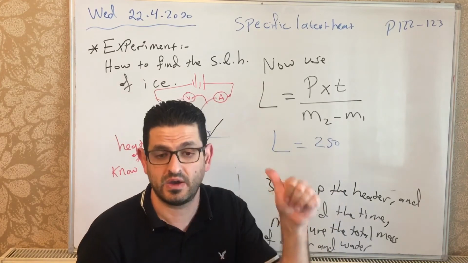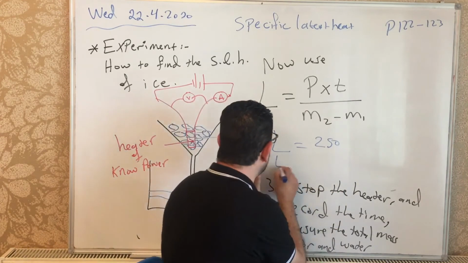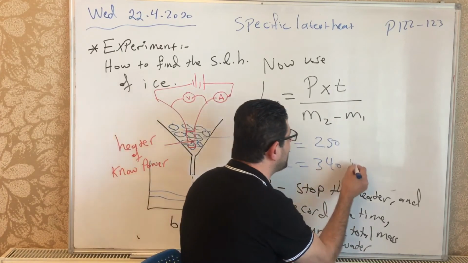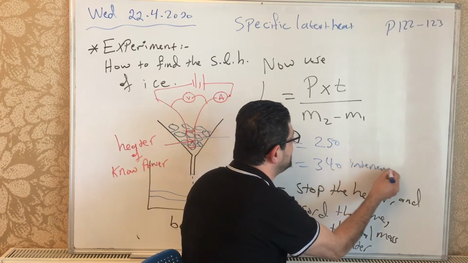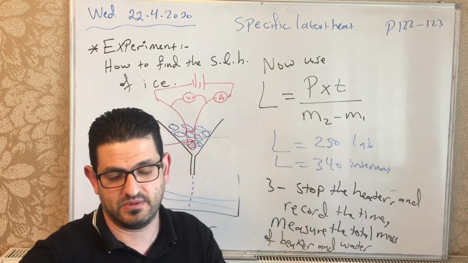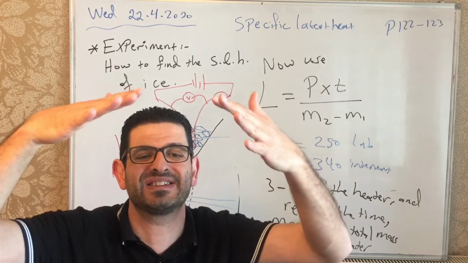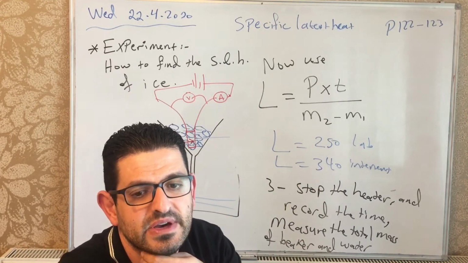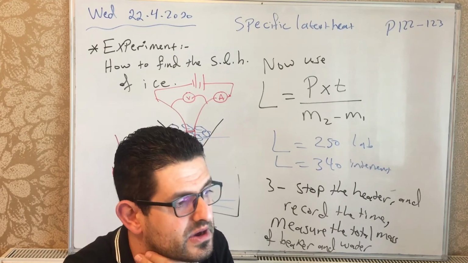We go to the internet and find L equal 340. Why do they write it like this on the internet, but in our lab we get 250? We will always get it lower, not higher. Do you have a suggestion why?